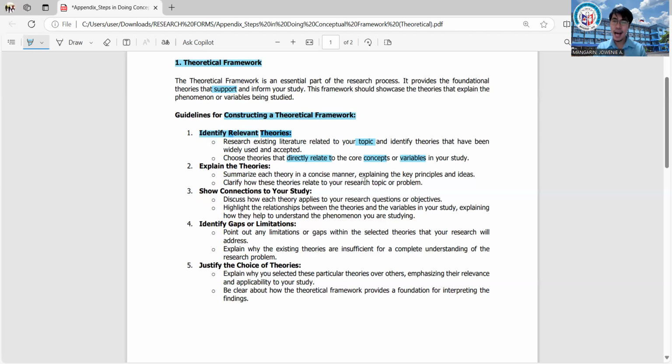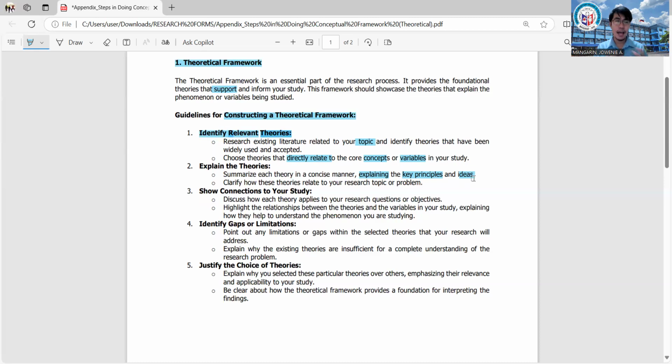Okay? Then, after we appropriately identify relevant theories, the next thing that we have to do is to explain this theory. Ano ba yung nilalaman ng theory na ito? What are the key principles and ideas embedded on this theory?